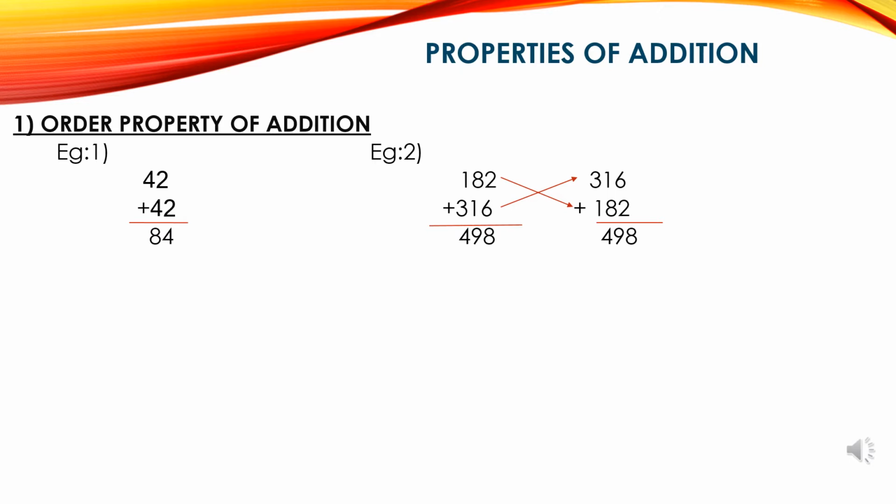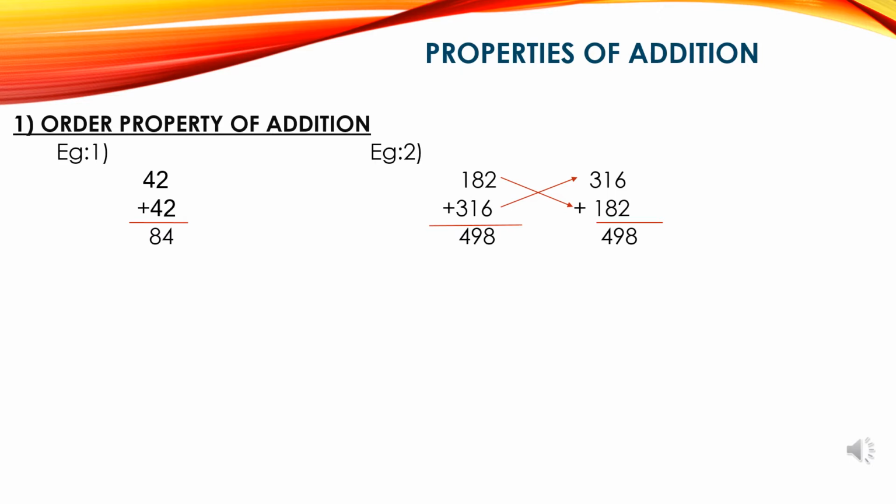Now see the second example. 182 and 316. You have to add this. 2 in the ones place and 6 in the ones place, 8 in the tens place and 1 in the tens place, and 1 in the hundreds place and 3 in the hundreds place.